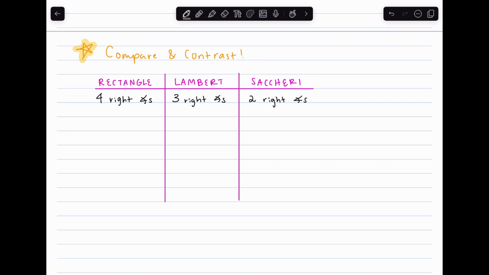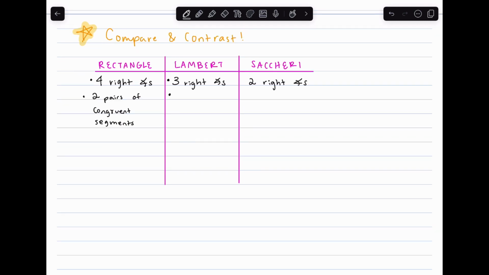Now, when we're looking at congruent segments, rectangles have 2 pairs of congruent segments. When looking at Lambert, there are no pairs of congruent segments. But for Saccheri, there is 1 pair of congruent segments.